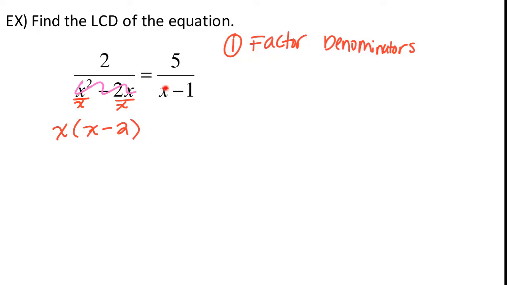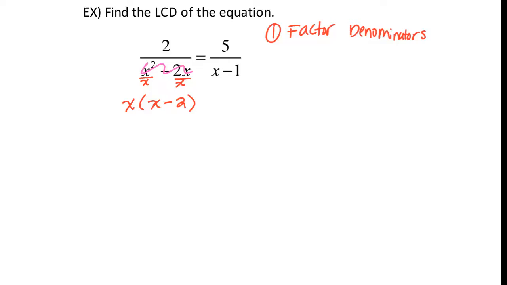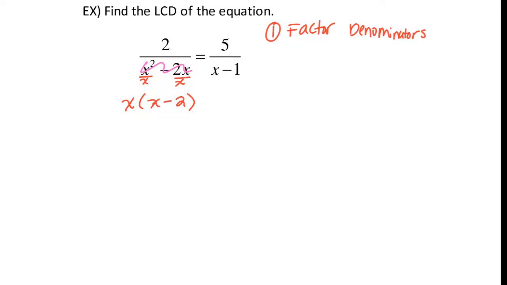In my second one, I have x minus 1. That one has no GCF, no dots, so I can't really do anything to this denominator. So for the LCD, then, I check to see if they have anything in common. This is an x. This one does not have a single x. This is x minus 2, that's x minus 1. They don't have anything in common, so basically just combine them into 3 separate things in the denominator.